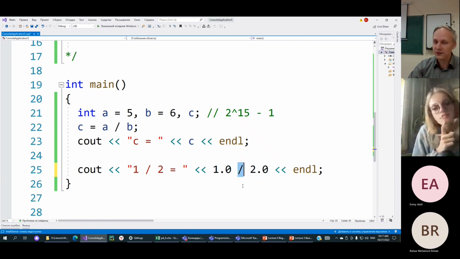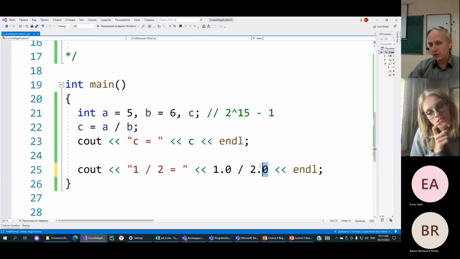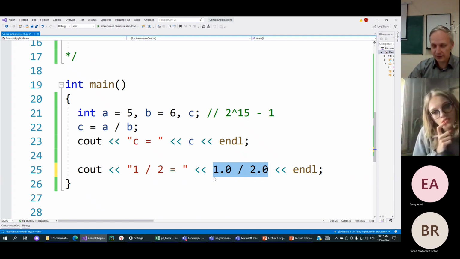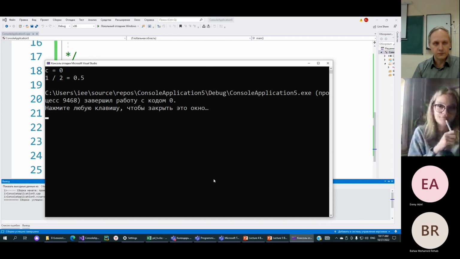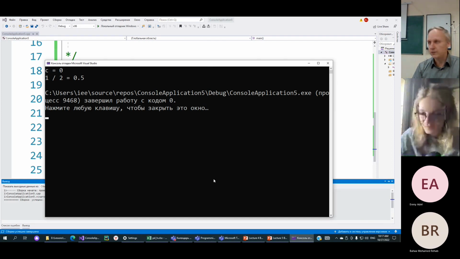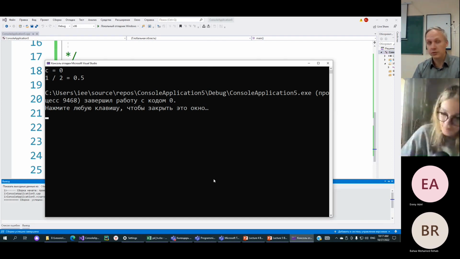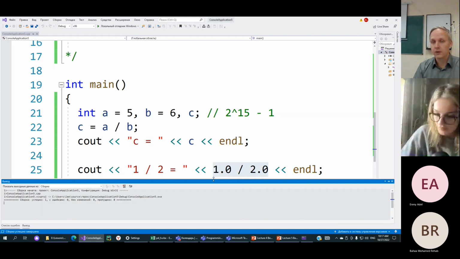And in this case, this division will be real division, and the result will be real. The real result 0.5. And we see on the screen that 1 over 2 equals 0.5.